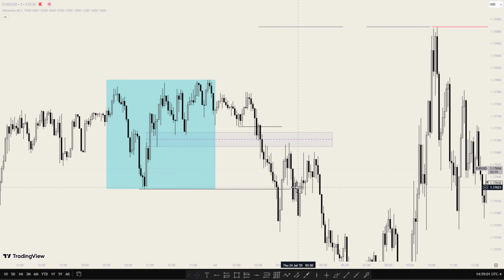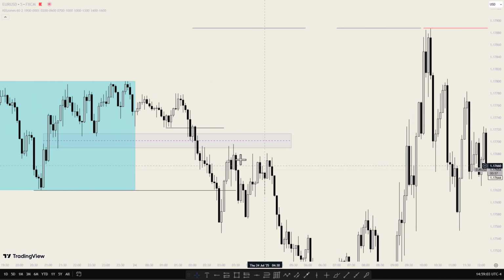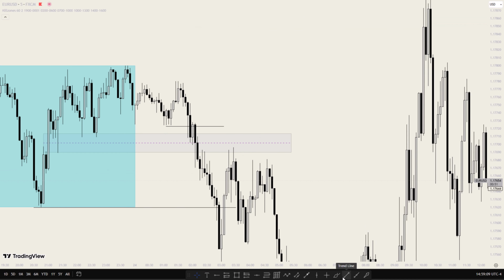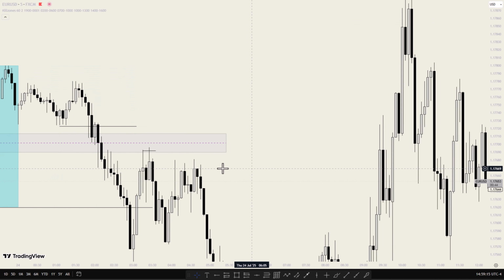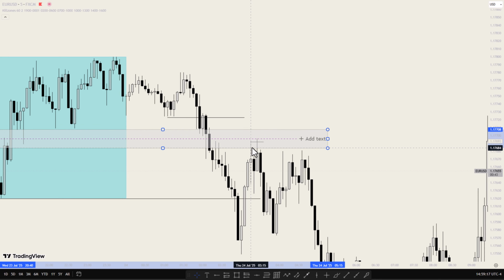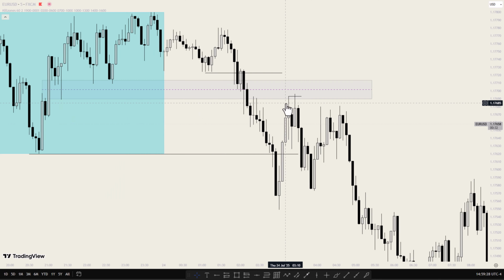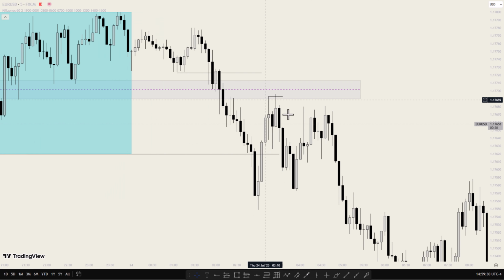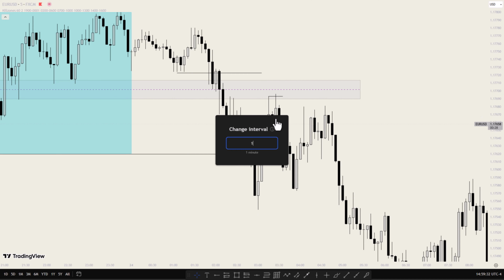At this time, as soon as I see price coming into this level, all I wanted was to see price rejecting from this level, and you see price sweep liquidity inside the inverted fair value gap and close inside the range. So I went to the 1 minute time frame and positioned my trade there.